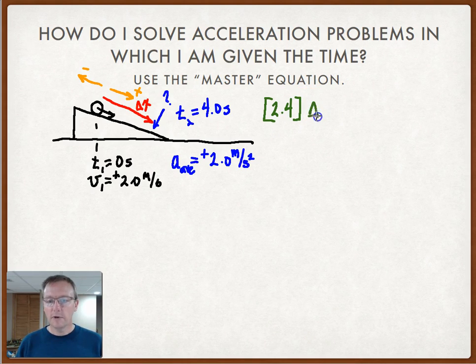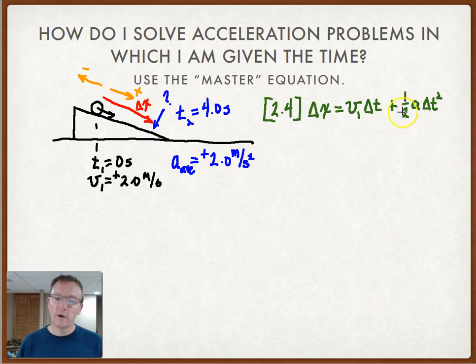The displacement of an object is equal to its initial velocity multiplied by the amount of time over which you observe it, plus 1/2 times the acceleration that it experiences multiplied by the change in time squared. Now it's important to remember that that exponent only goes with the change in time.